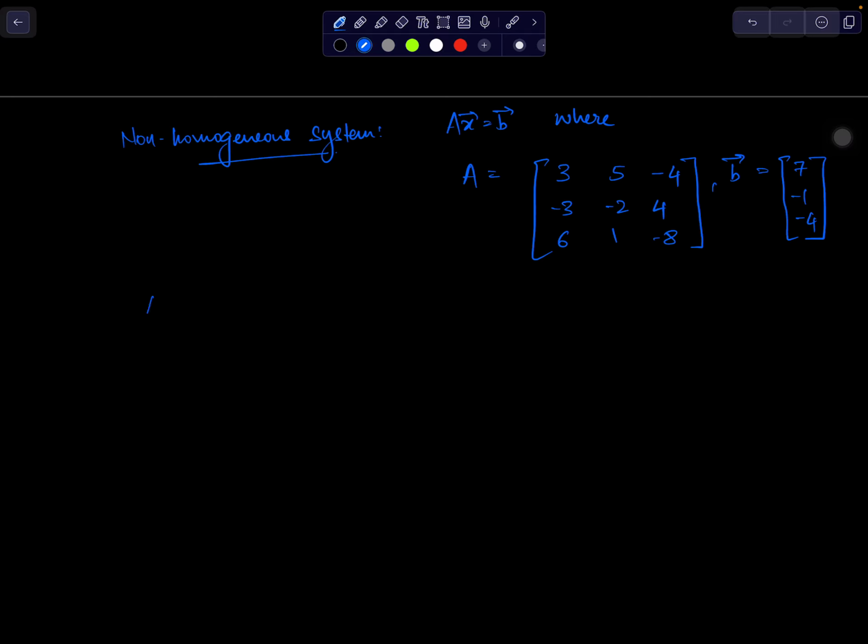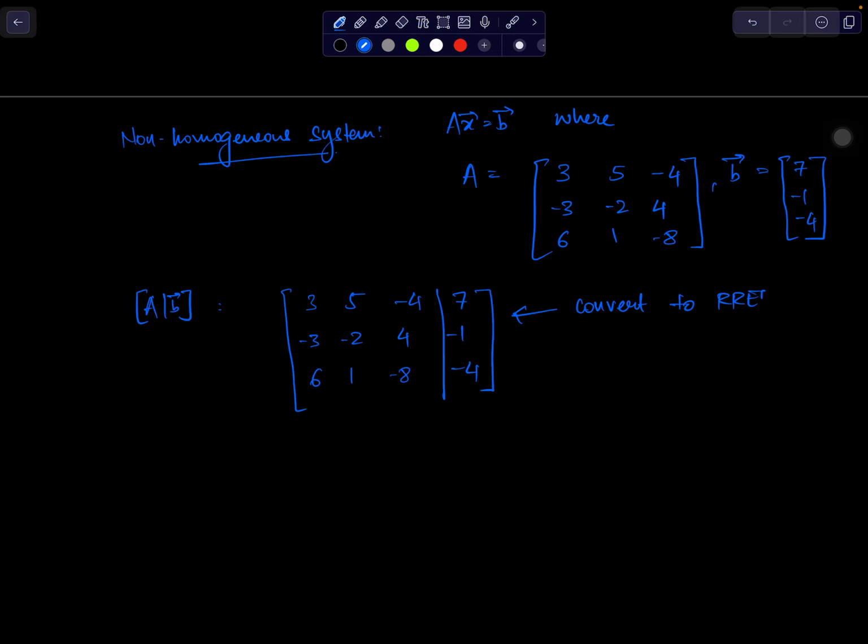So now let's again work with the augmented matrix. That will be A, followed by minus 3, minus 2, 4, 6, 1, minus 8, and then you augment it with the B vector. Again, I would pause here and do the exercise of converting this to RREF.